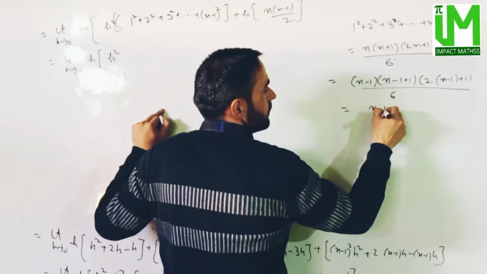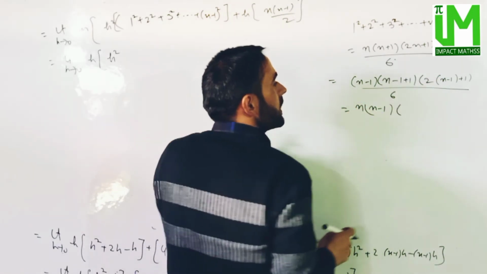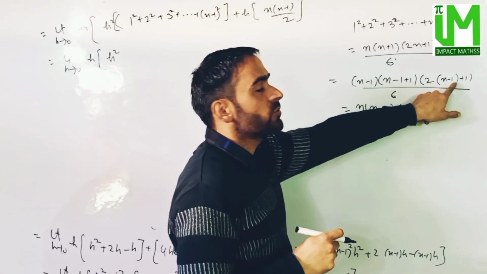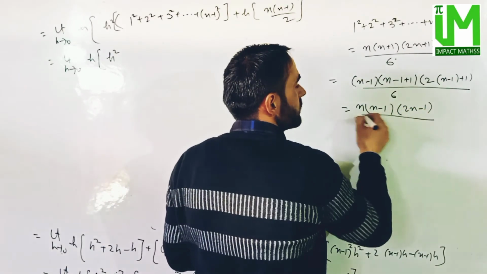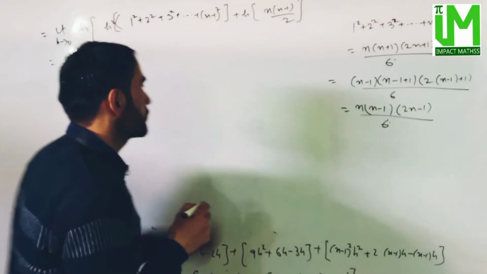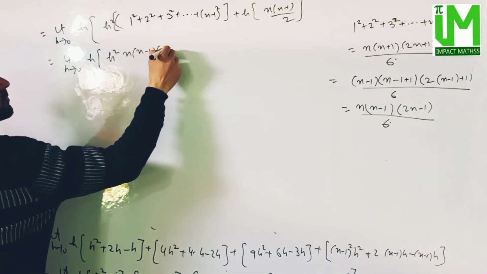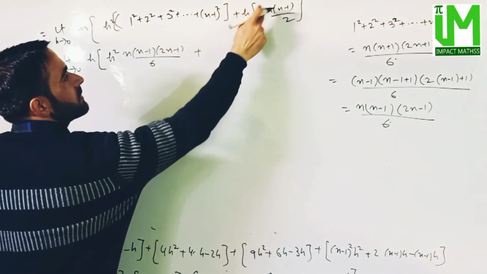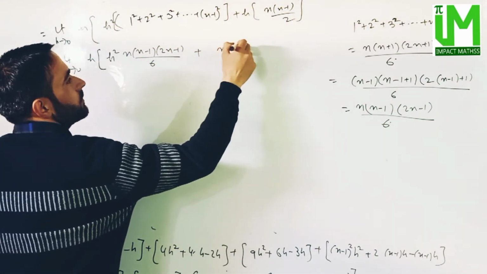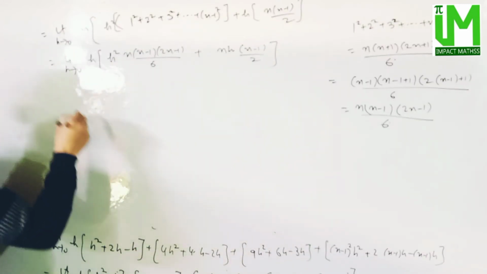So it will be (n minus 1) into n into (2n minus 2 plus 1), which is 2n minus 1, divided by 6. So we will have n into (n minus 1) into (2n minus 1) divided by 6, plus h multiplied, so nh into (n minus 1) divided by 2.